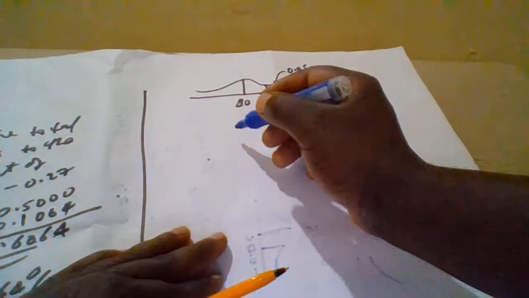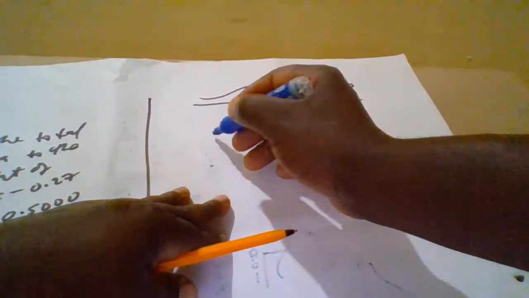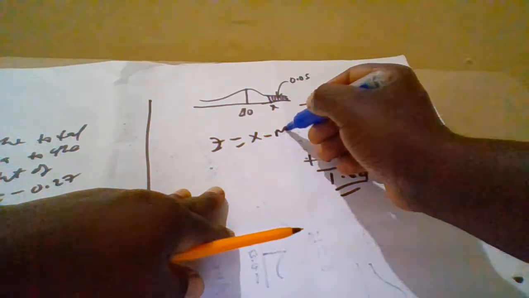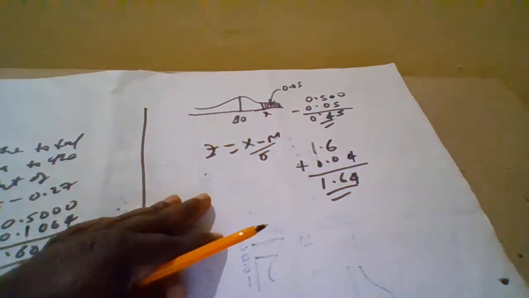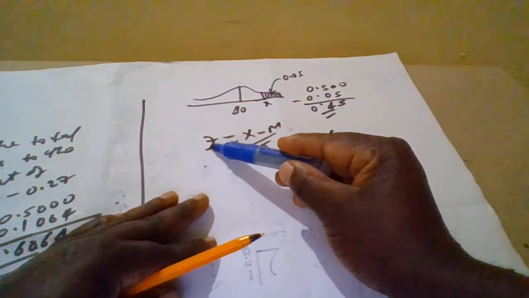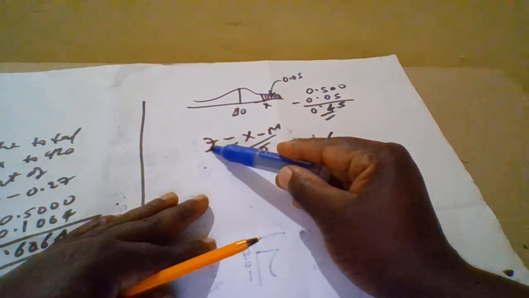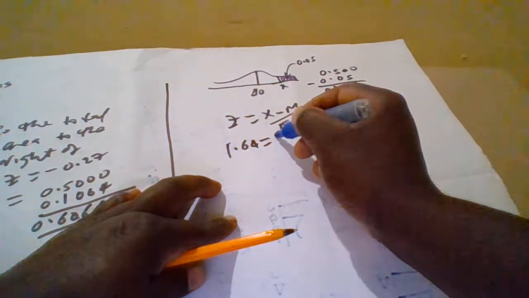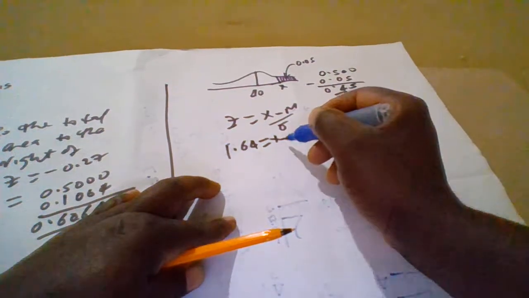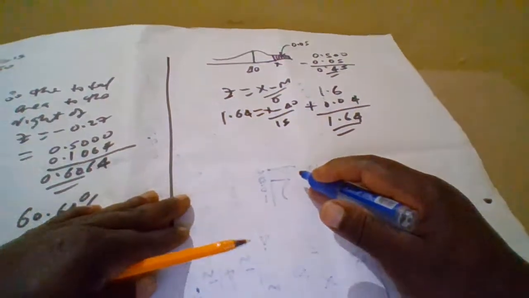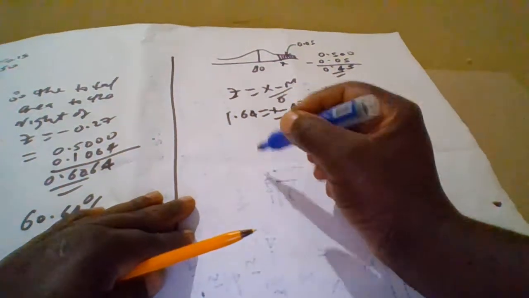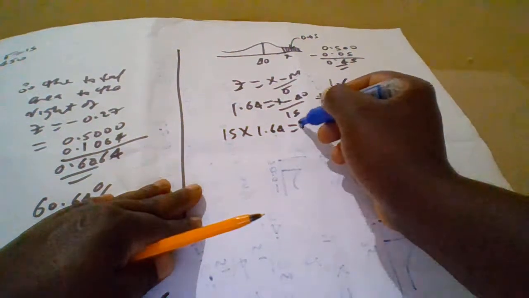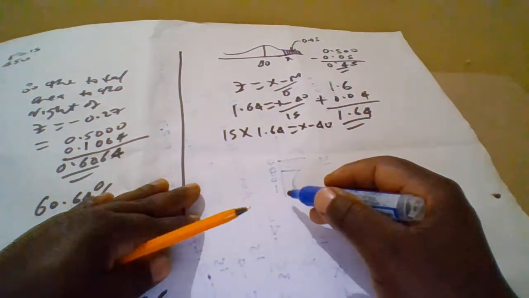Therefore, here we shall now say that from the equation, Z is given by X minus mean over the standard deviation. But we now have the Z value. So we shall say 1.64 equals X minus mean, which is 40, over the standard deviation, which is 15. So multiply both sides by 15. We have 15 times 1.64 equals X minus 40.